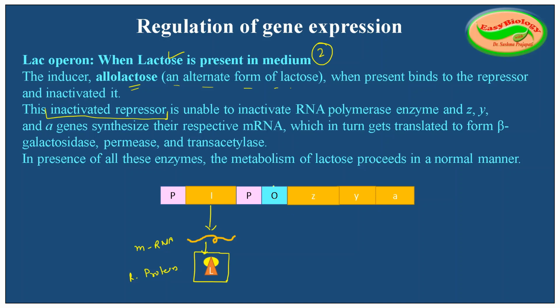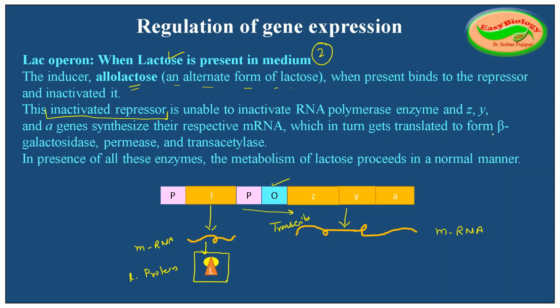Now the operator site is free, so the RNA polymerase will transcribe these structural genes. We have the messenger RNA, and this is a polycistronic messenger RNA, so it will produce 3 different types of products.